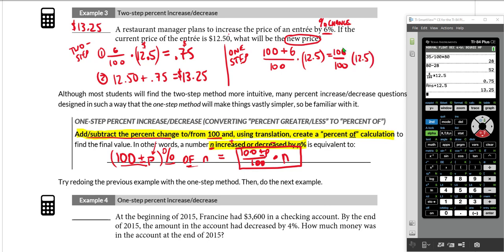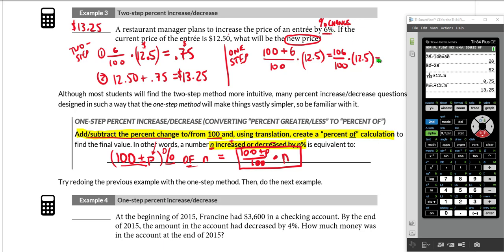If you translate this out of a mathematical expression, it says 106% of 12.5. So 106% of 12.5 is exactly the same as increasing a certain value, in this case 12.5, by 6%.